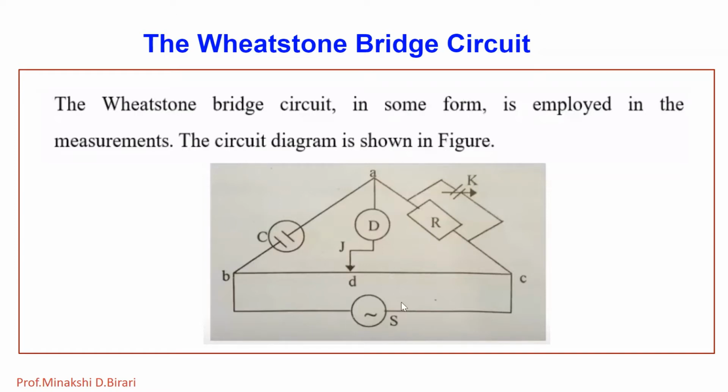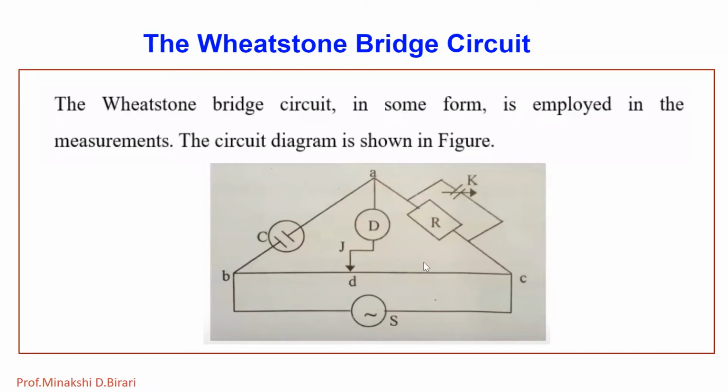S is the source. D is a suitable current detector. BC is a wire of uniform cross section over which the sliding contact J moves.